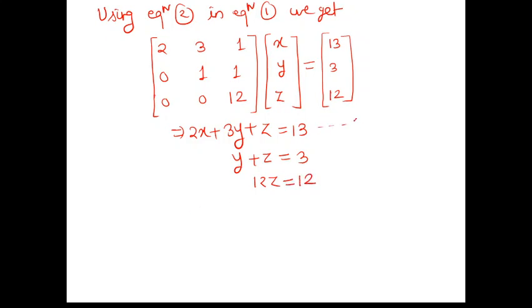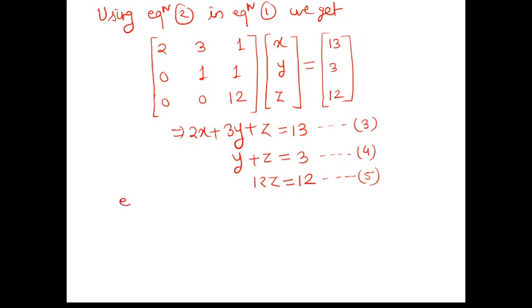Let me call this equation 3, this 4, and this 5. You can see here I will start getting the solution from the last equation, and it is to be used in the second last equation. In this way we go on moving in the upward direction. This is called backward substitution, for getting the solution.